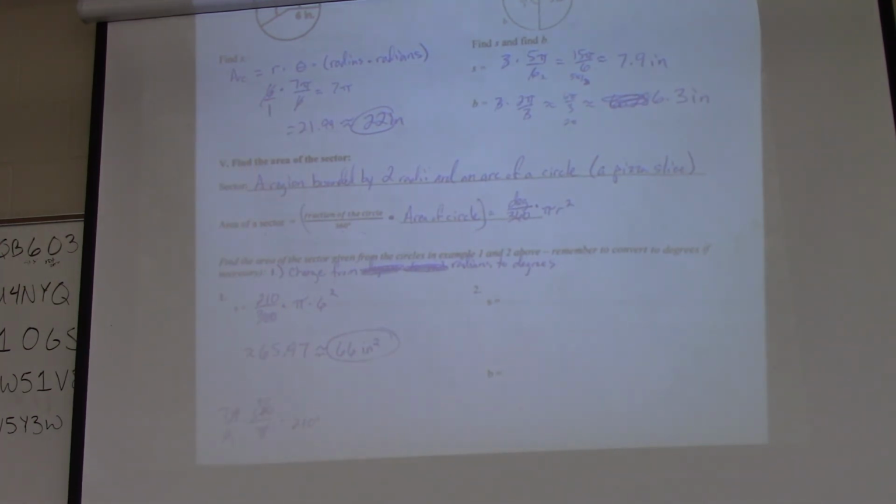You guys tried 2 S and B. So what you got to do first again is change it over to degrees, then just plug it right into the formula. Different radius here. Try it out.